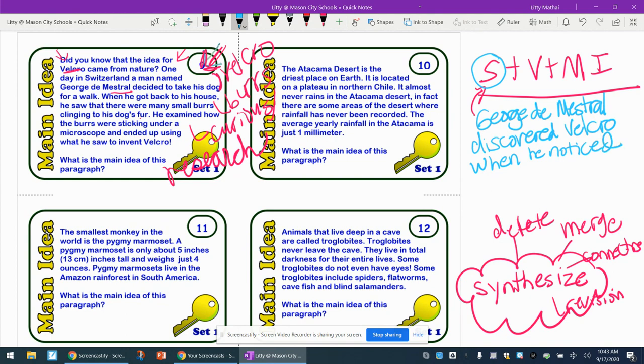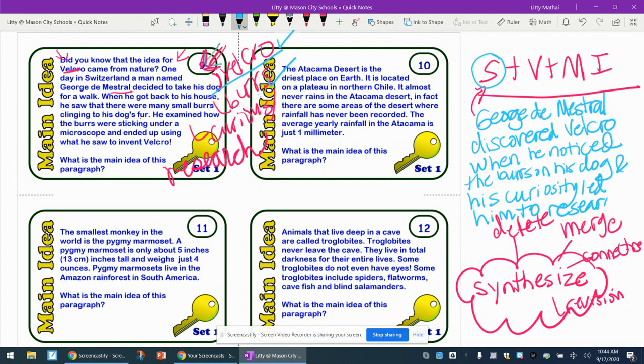okay, I'm looking at my annotations. I got Velcro. When he noticed the burrs on his dog, and his curiosity led him to research.